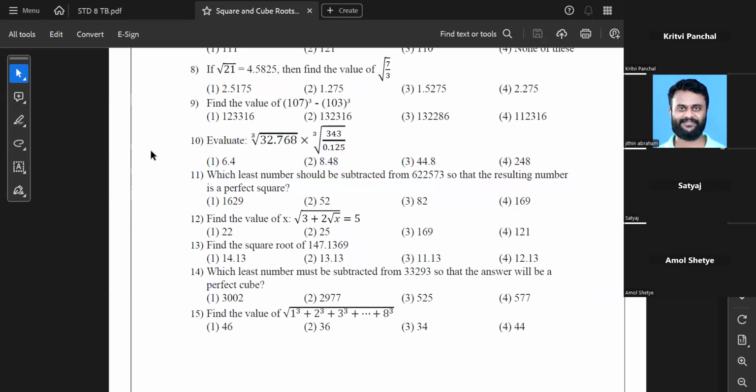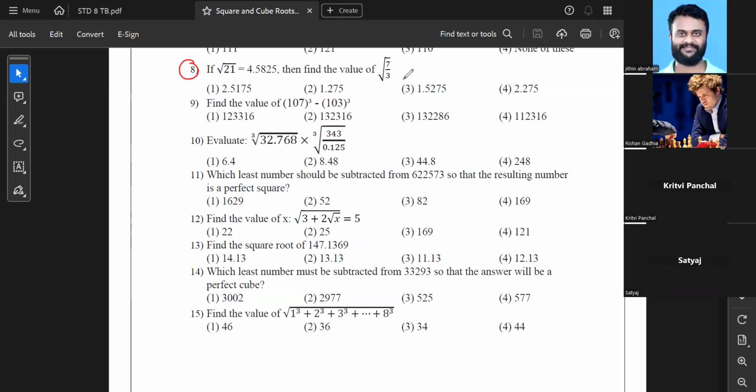Proceeding further, question number 8. If root of 21 is so and so, then find the value of under root of 7 by 3. Now looking at this, since they have given the value of root of 21, you have to create 21 over here. So how to create? You can create it in the denominator or in the numerator.